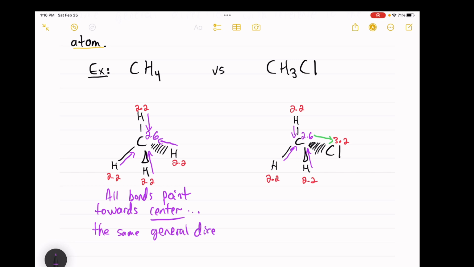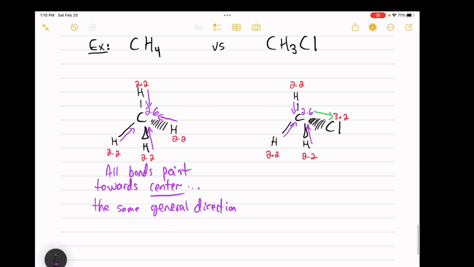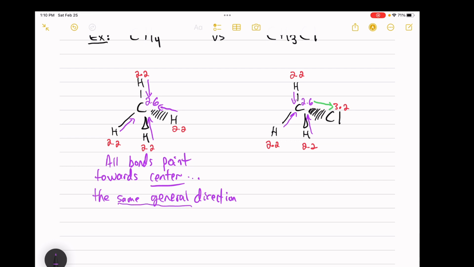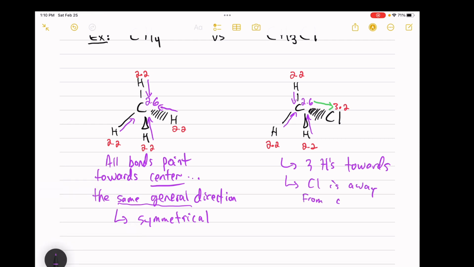Now, what that more specifically means is that if they're in the same general direction, this is a symmetrical compound. Now, it's not about them being towards or away, but it's all about them being all towards or all away. Now, when I look at this one, the 3 hydrogens are towards, but then the chlorine is away from the center, and we're going to write from center.